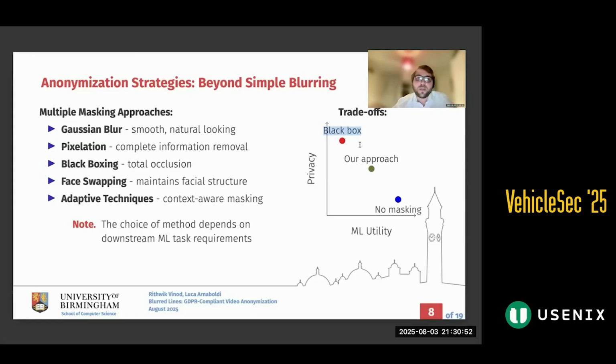And so we use different things. We use Gaussian blur, which is a traditional blurring technique. We use pixelation, which is kind of trying to more in-depth cross out an image. We actually use black boxing sometimes, which is just draw a black box around a person. That's when we felt the blur wasn't enough. And then we actually tried some more interesting approaches. So face swapping.